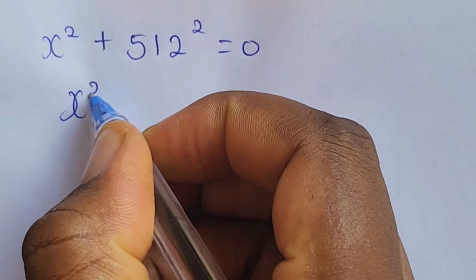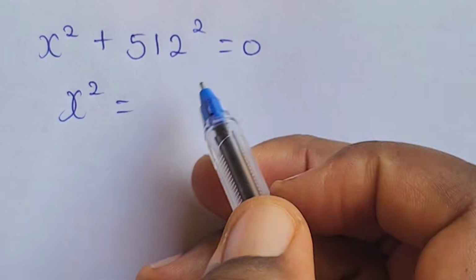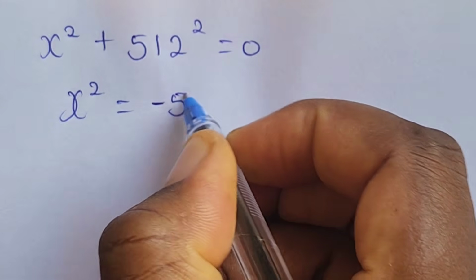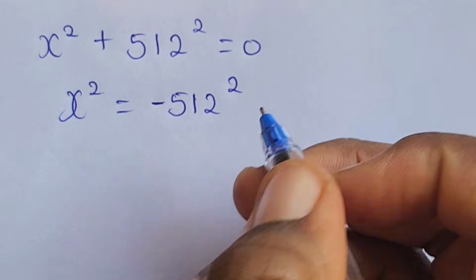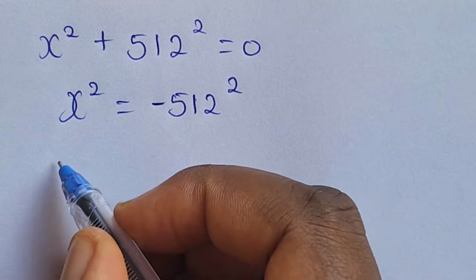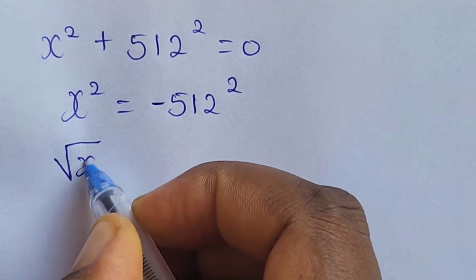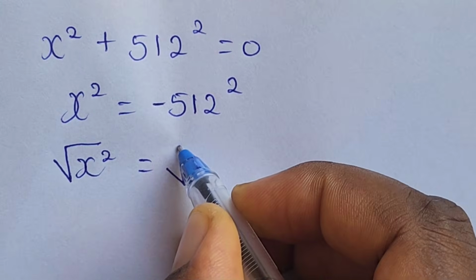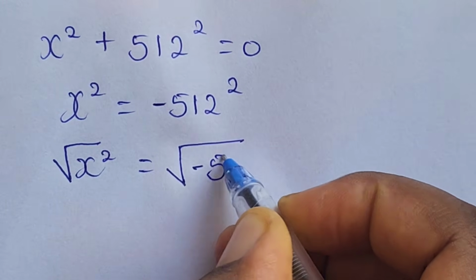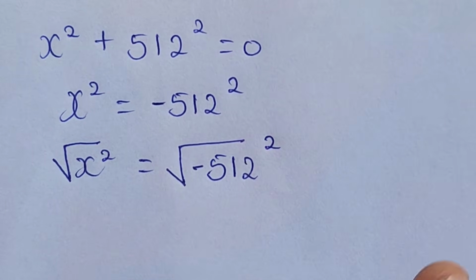So our x squared is equal to, when we move this over, we have minus 512 all to the power of 2. So let's take the square root of both sides, to have root x squared is equal to root minus 512 all squared.